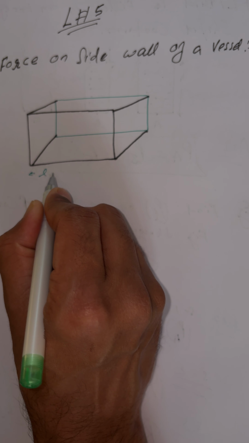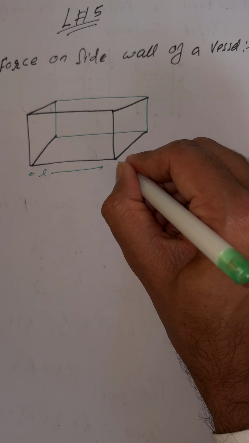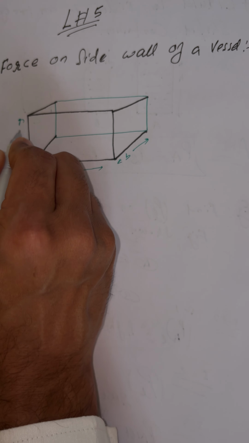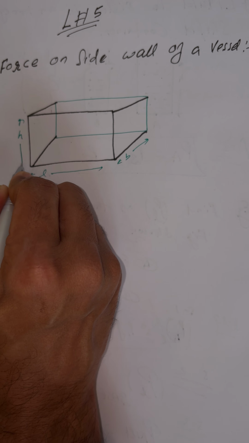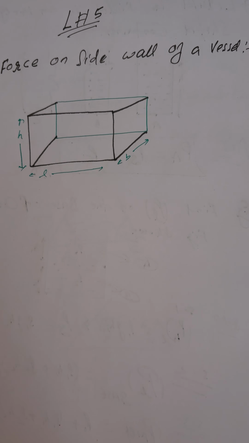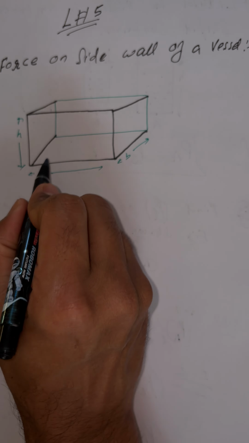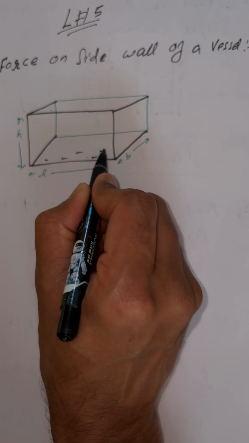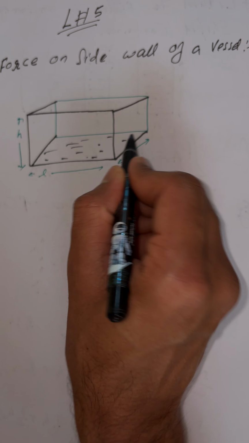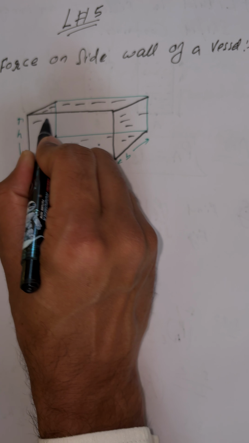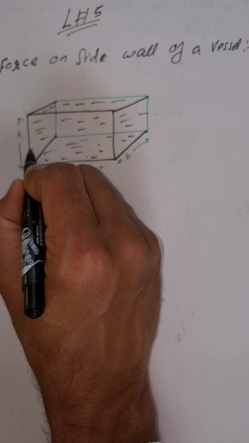We can say this is length, this is breadth, and this is the height. So students, this is the container. The entire container you can take as filled with liquid till the top, completely.